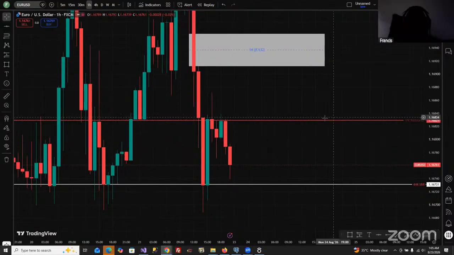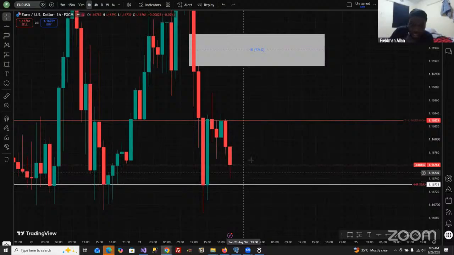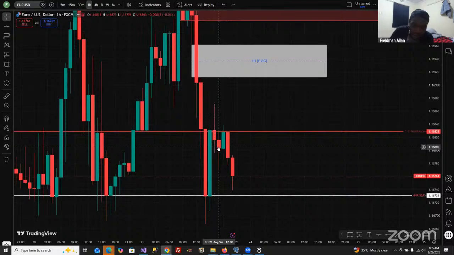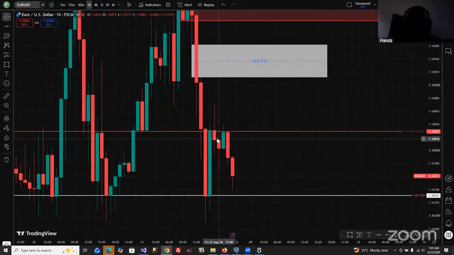So this one I put 1 hour resistance. What if you could just draw a zone because we have a bearish engulf? Yeah, so a zone can do it.